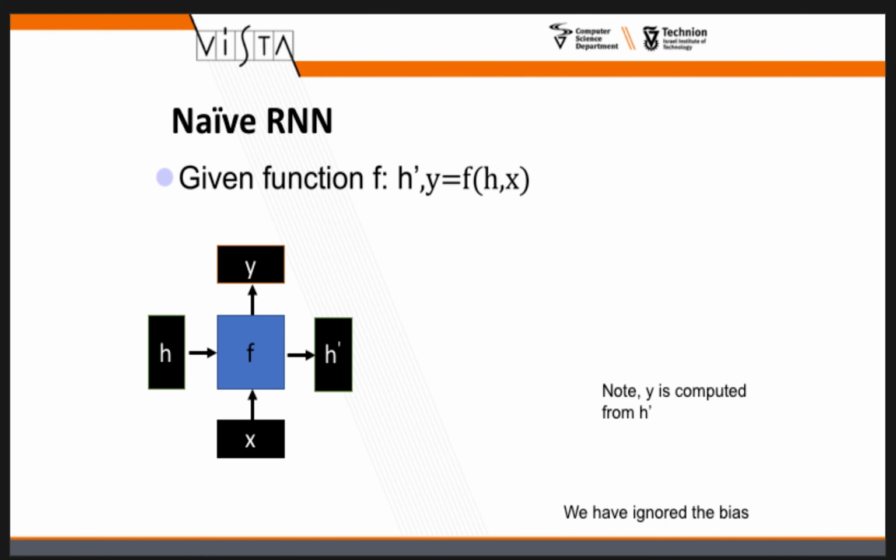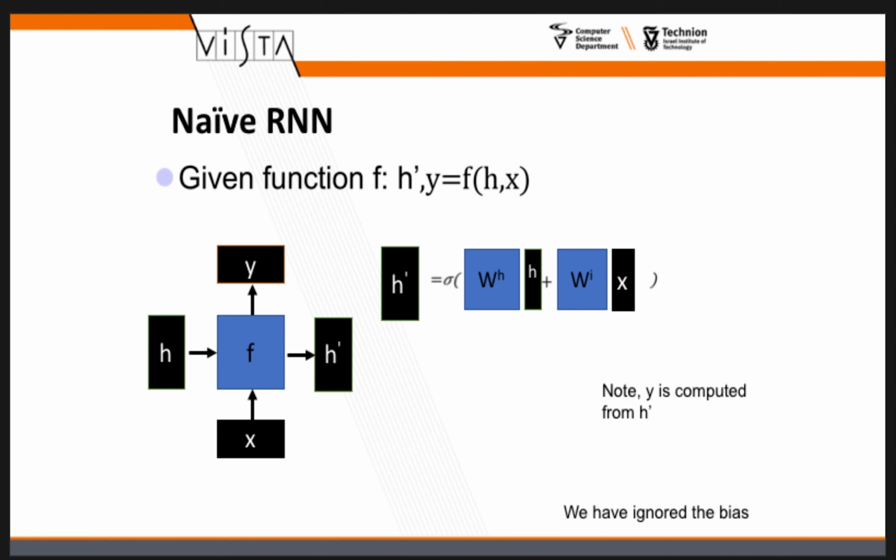Great. So for the naive RNN, for a given function f, our output y is a function of f, h and x. Here h is from the previous step, from the previous state. We have our current input and our current output, and the h for the next step. We take the weights of our h and the weights of our input, and then we apply our function.